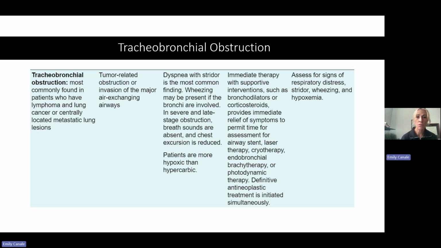You'd give steroids to reduce that inflammation, and they're probably going to need a stent placed in the airway to actually open that up because they're obstructed. So this would be another emergency that you probably won't see very commonly, for sure, but you'd be assessing for respiratory distress, wheezing, and we would have to treat this right away with supportive measures.